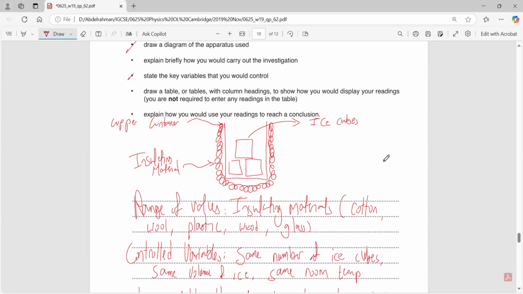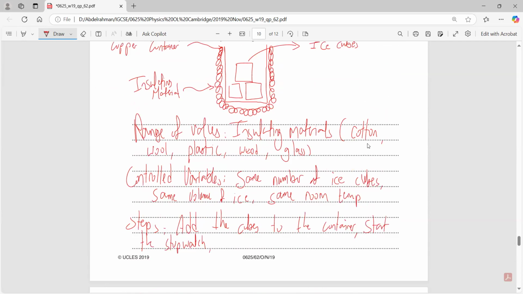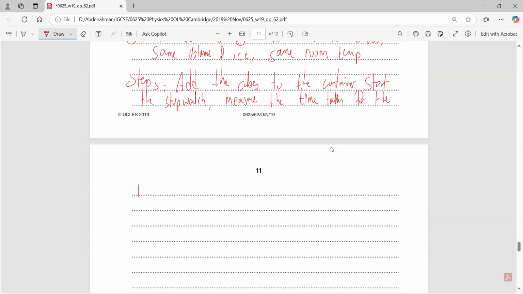Measure the time taken for the ice to completely melt. You need to measure the time taken for all of this ice to melt. And then repeat for different insulators.